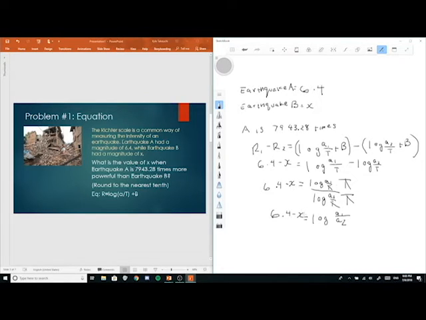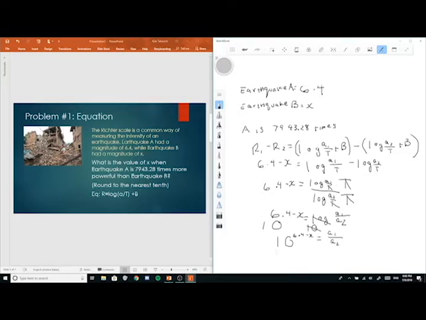So we will exponentiate by 10 on both sides so we can get rid of the common logarithm. We will exponentiate by 10, which will cancel these out, and we will have 10 to the 6.4 minus x power, which is equal to A1 over A2.